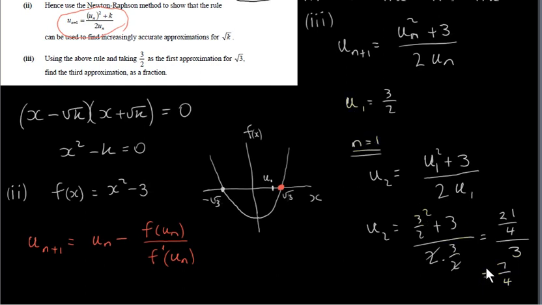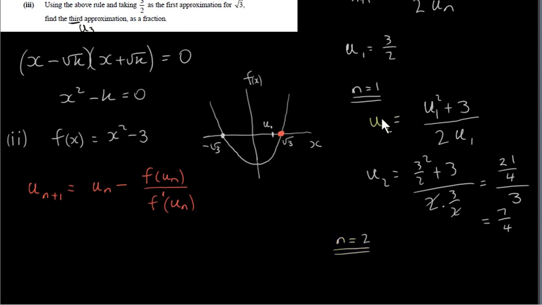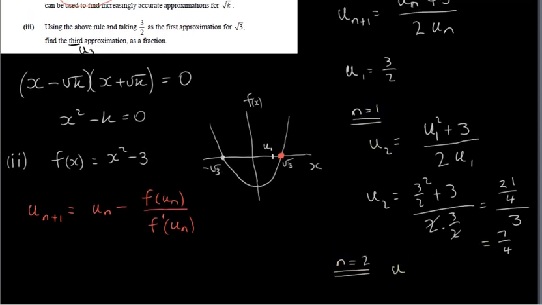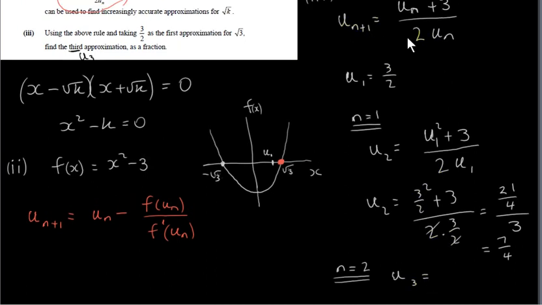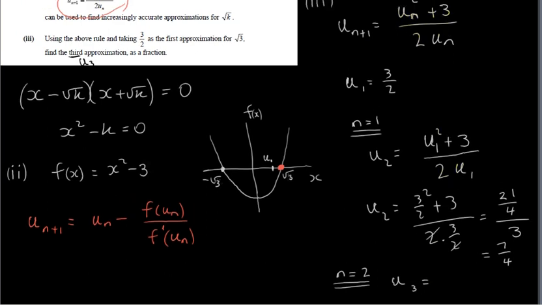Now let's get a third approximation. Third approximation basically means find u3. To find u3 we have to let n equal 2. So we get u of 2 plus 1, which is u3, which is what we want, equals u2 squared plus 3.